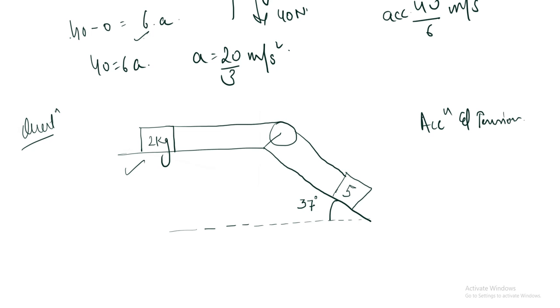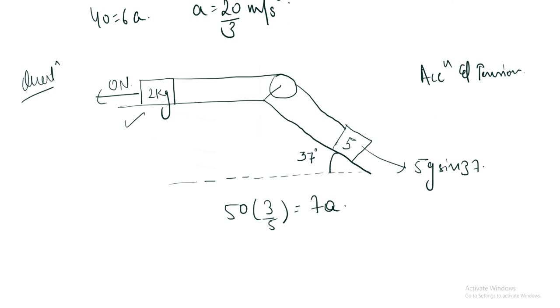So we know there will be 0 Newton and it will be 5g sine 37. 50 into 3 by 5 is 7a. 150 by 5 is 7a. 30 by 7 meter per second square, which is the acceleration.